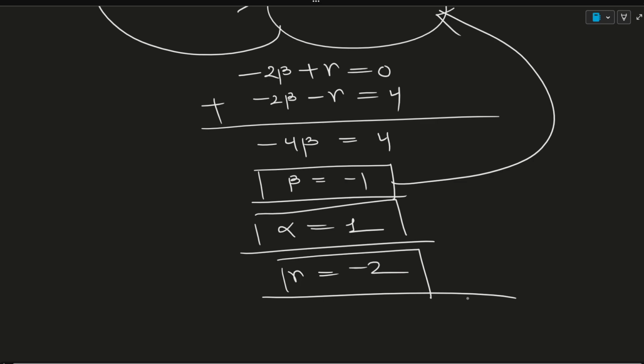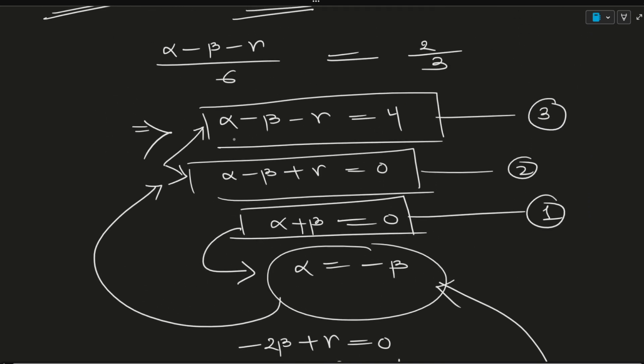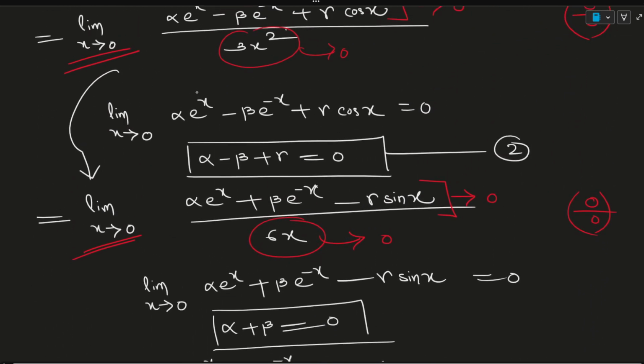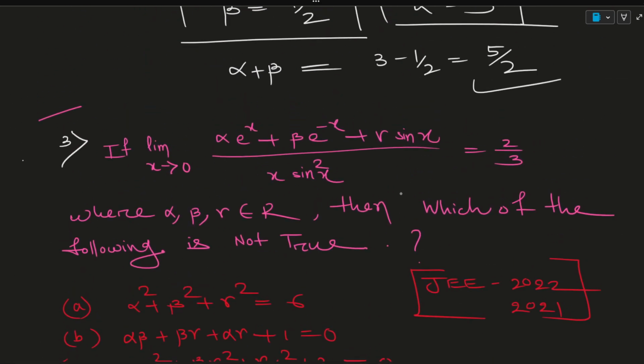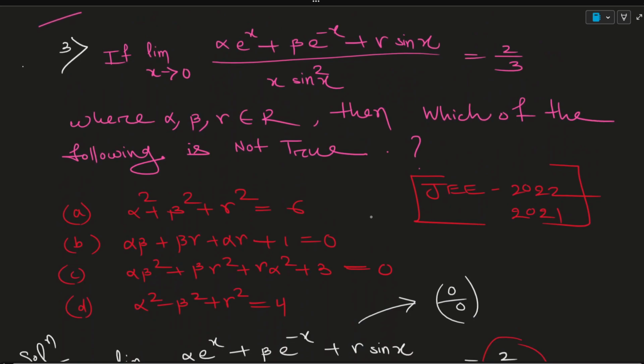So here we have the three values, that is the values of alpha, beta and gamma. Now we'll check. Now I'm just writing the values: alpha equal to 1, beta equal to minus 1, gamma equal to minus 2.